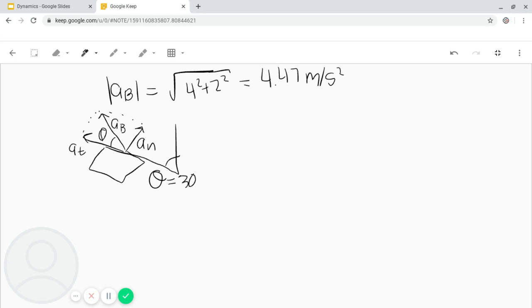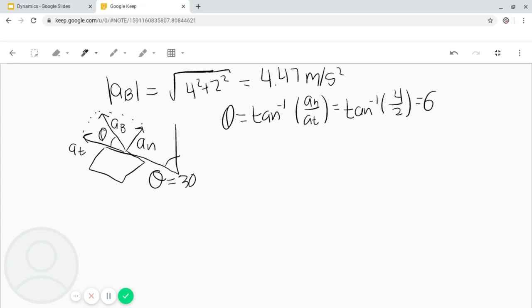Anyway, we'll get to that a little bit. So we can say that phi is arctan of normal over tangential, so this would be equal to 4 over 2, which is 63 degrees.